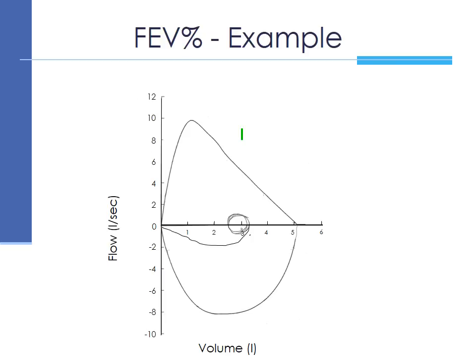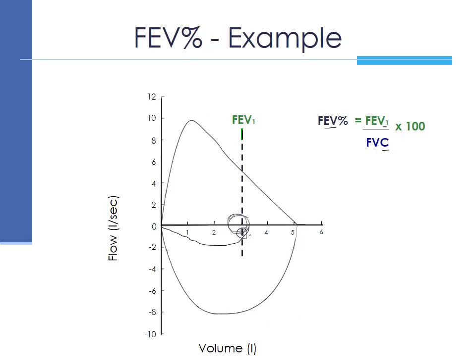Okay, so here's another example of determining the FEV percentage. So let's just get our equation first. Remember, FEV percentage is FEV1 divided by FVC. So here's the mark that the machine has made after 1 second of exhalation. That's our FEV1, and that means that 3 liters of air was exhaled.